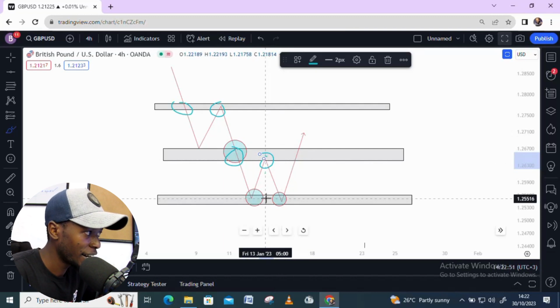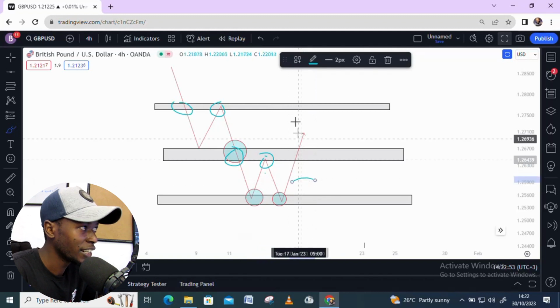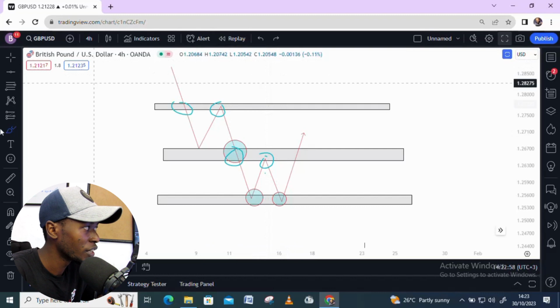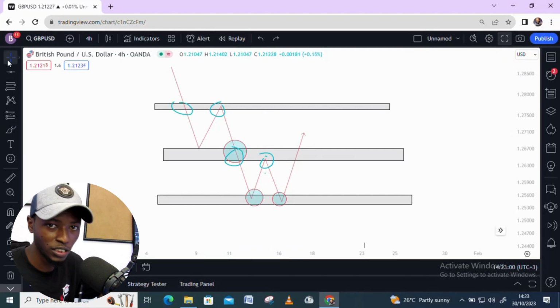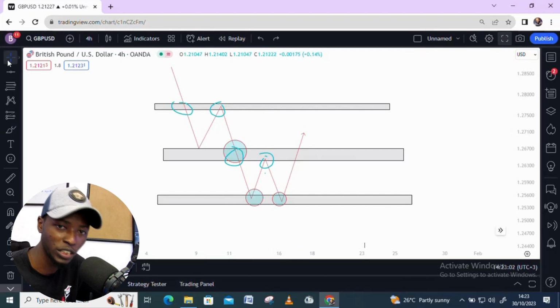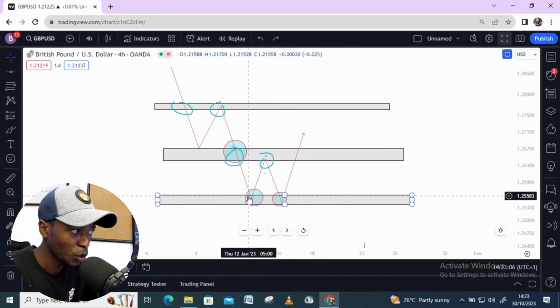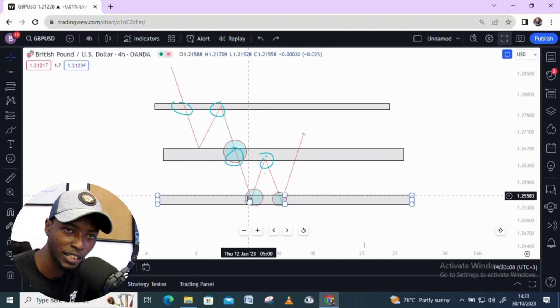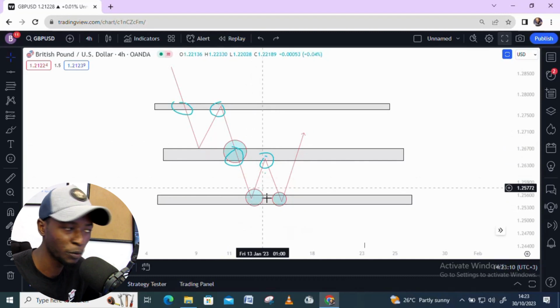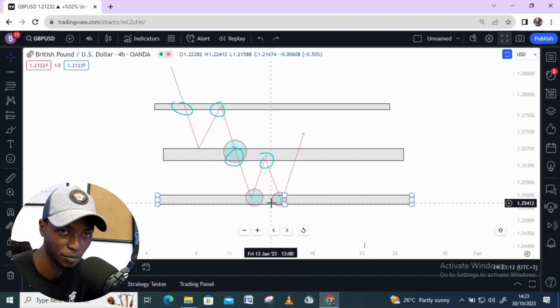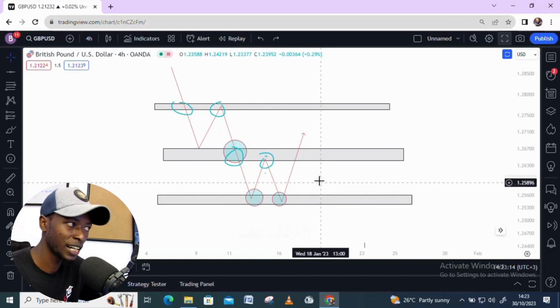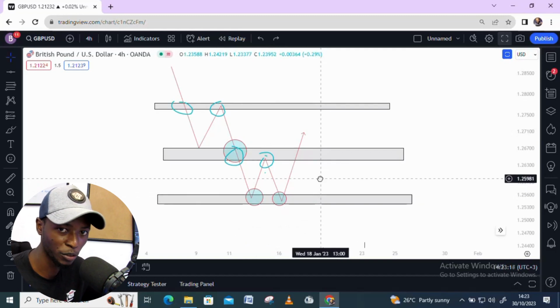So in order to know what to do when a market reaches a zone, you have to either wait for it to bounce from the zone, wait for it to break from the zone, or wait for it to retest the zone. A retest only comes after the market has broken through the zone.